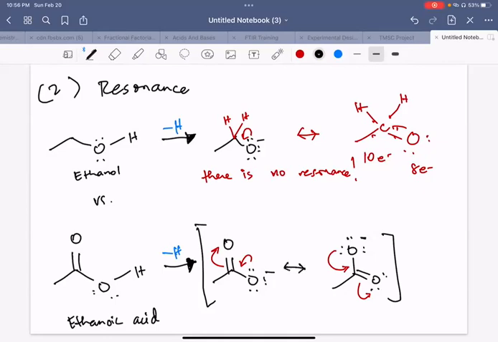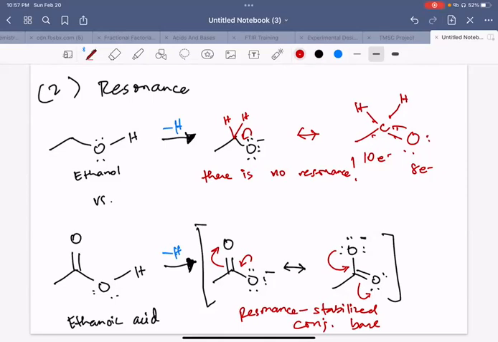You have two resonance-stabilized conjugate bases. You have the acetate ion, which is the conjugate base, and it is resonance stabilized.